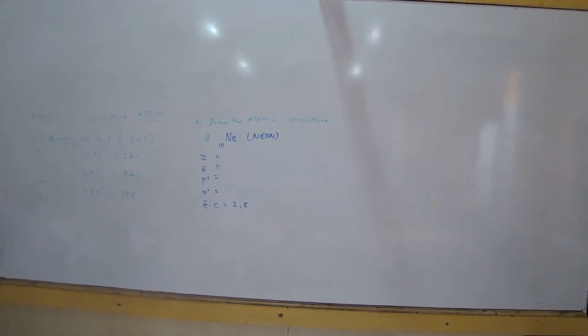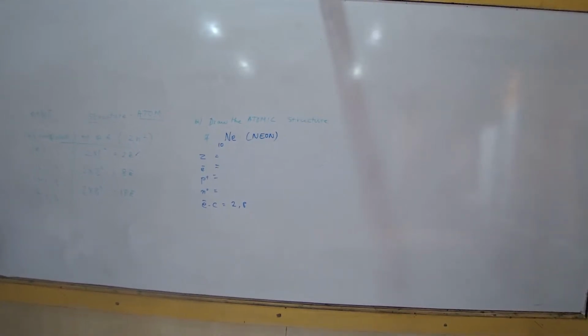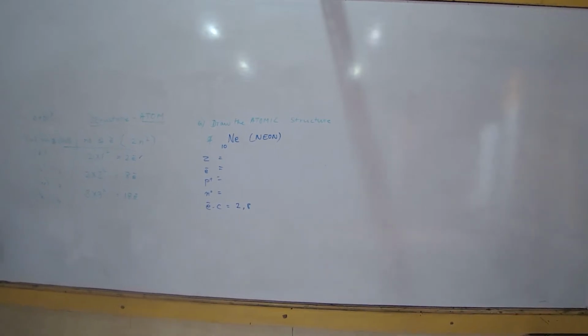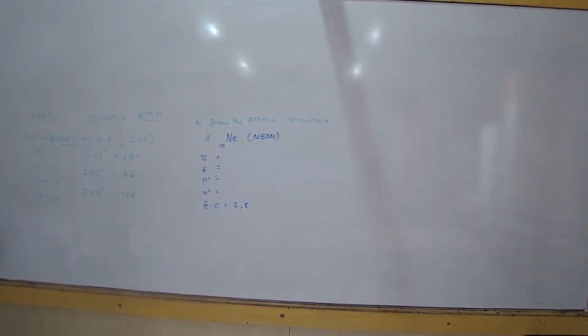Got it now. Starting from here, all of you look here. Hydrogen, put a 1 with pencil. That is atomic number 1. Helium is atomic number 2.